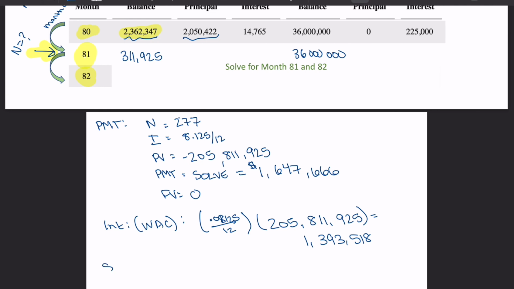Now the scheduled principal is the payment minus the interest, $254,148.